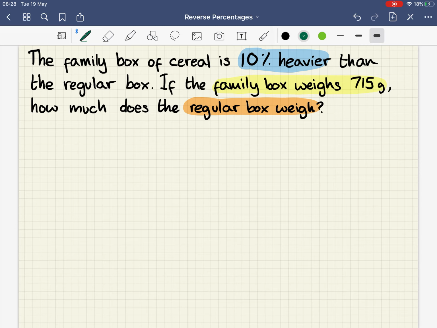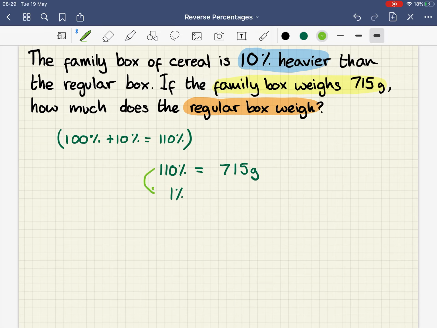So I set up for my reverse percentage. So everything starts at 100%. Because it is 10% heavier, I'm going to add on 10%. So I'm working with 110%. So we know the family box, which is that 110%, weighs 715 grams. So first thing, we go down to 1%, remember? And to do that, I need to divide this by 110.